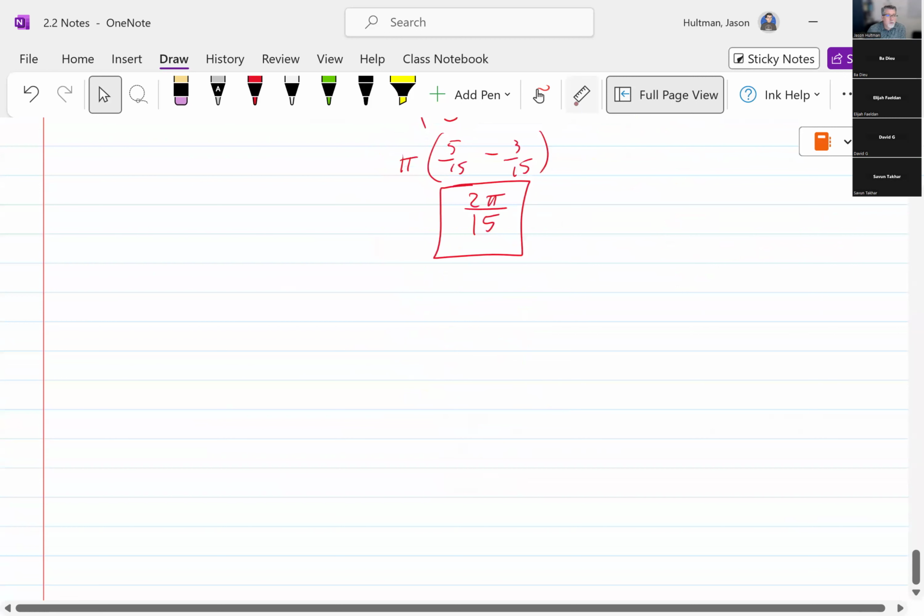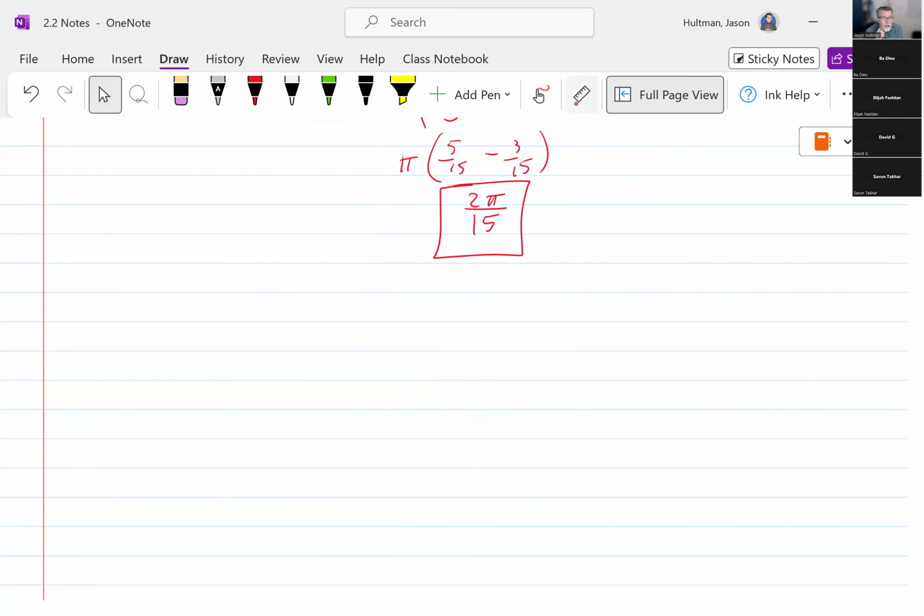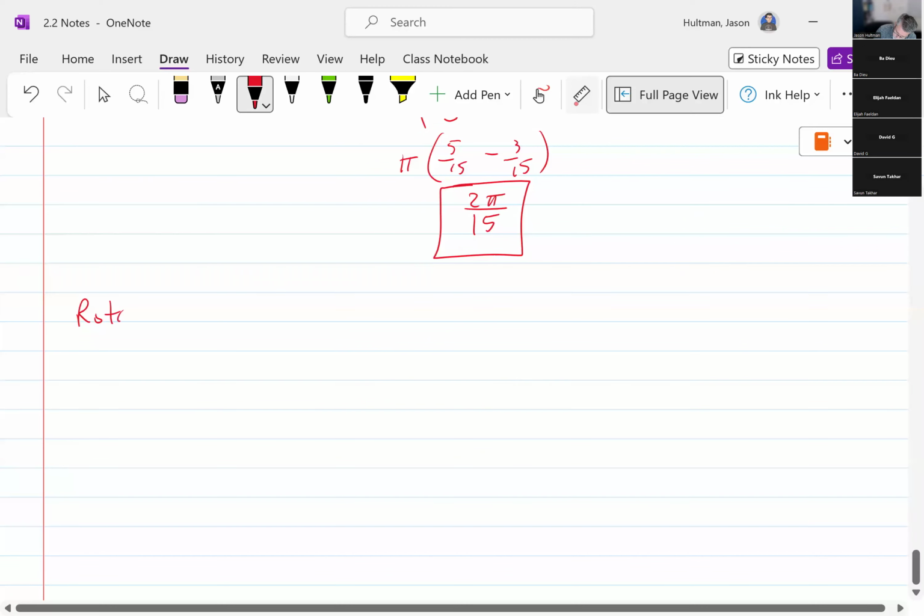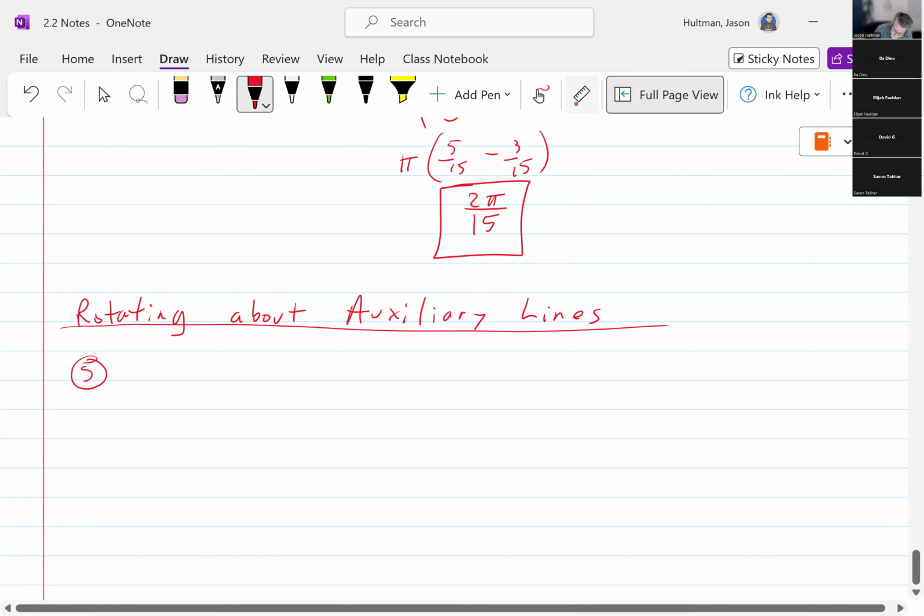Let's talk about what happens when we don't rotate about the x or y axis, but we rotate about a different line. We rotate about some auxiliary line. Rotating about auxiliary lines. Okay, do an example.